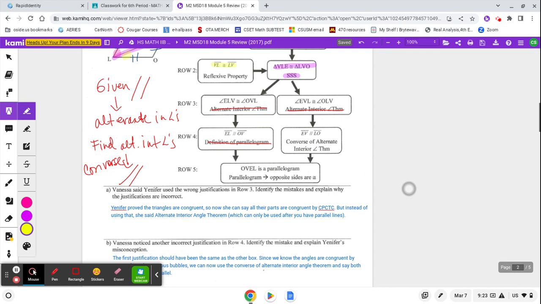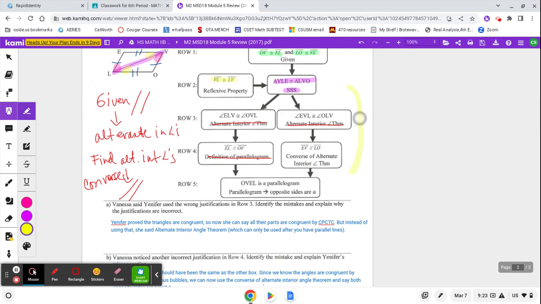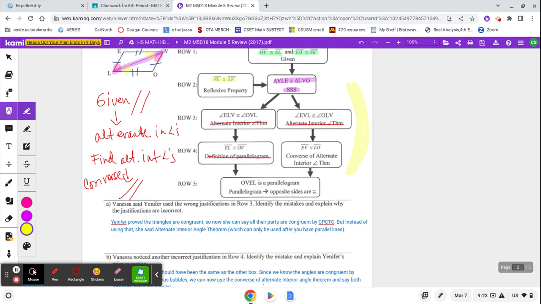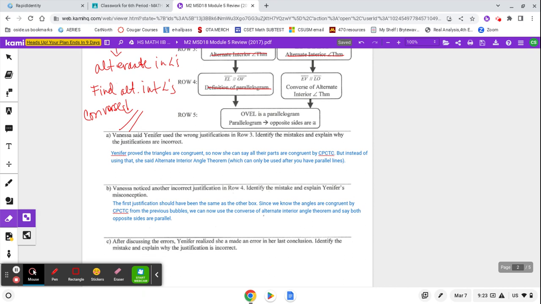Well, if that's what she was trying to show, she should not have done all this work on proving parallel by alternate interior angles. So basically, the way she was originally going to go about this didn't lead to that conclusion from the work. So we would have to use a different reason here.